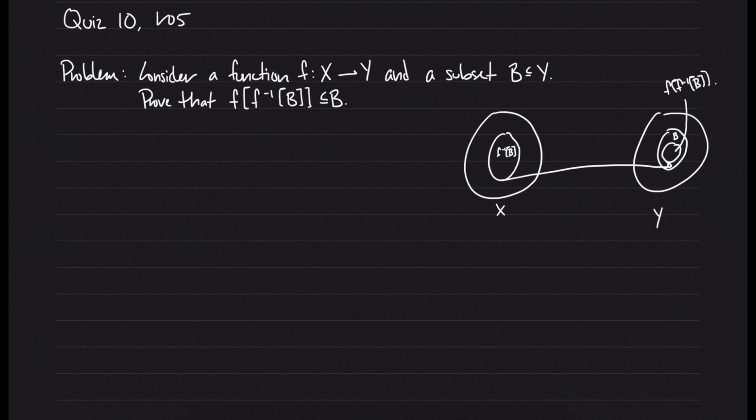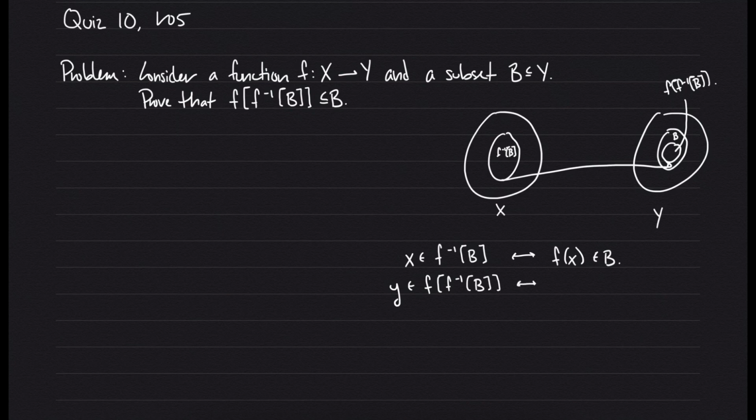Okay, so again, let's remember what it means for something to be in this preimage first. Let's say an x is in this set if and only if, when we apply f to it, it gets sent to B. And now what does it mean for y to be in this image?